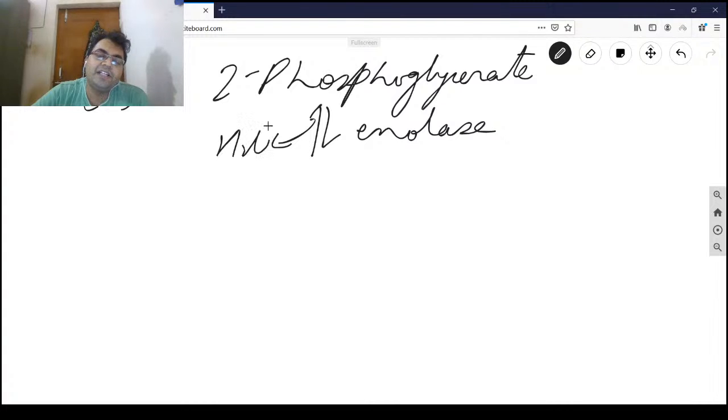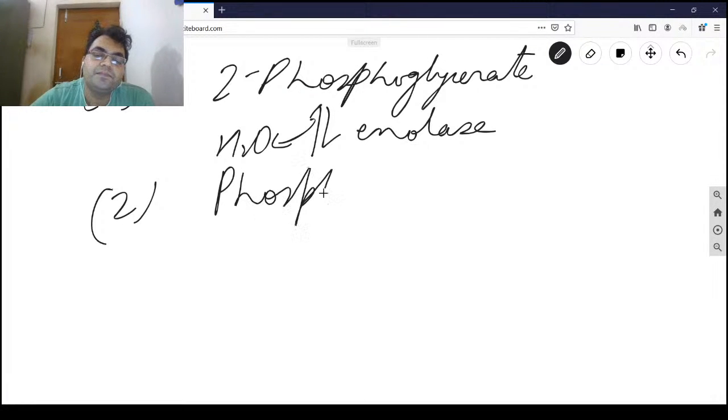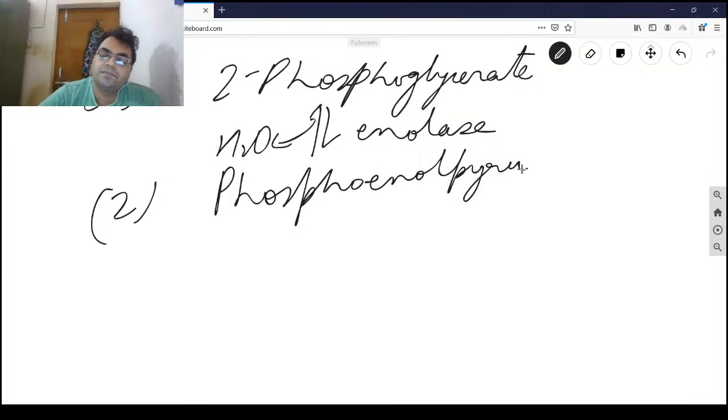One H2O will come out and it will become 2-phosphoenol pyruvate, phosphoenol pyruvate. Now, I'll again draw both the structures for you.